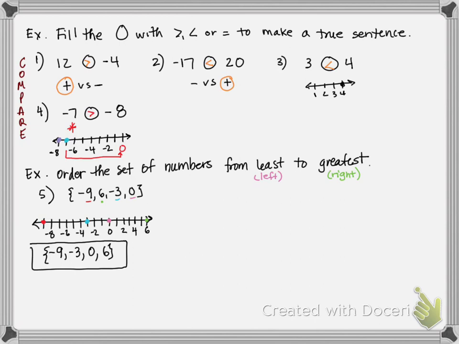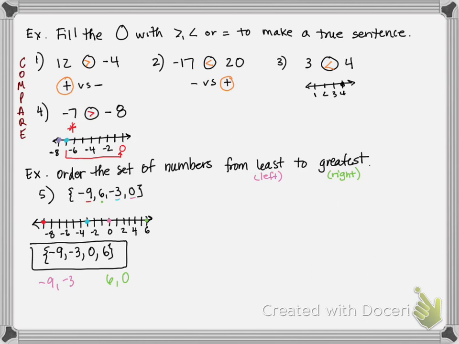Now, another way you can look at this is to just group the negatives together. So I'm going to put them down here: -9 and then -3. Then I'm going to group the positives together, 6 and 0, and order them in their partnerships.